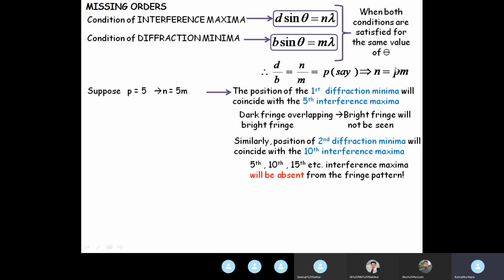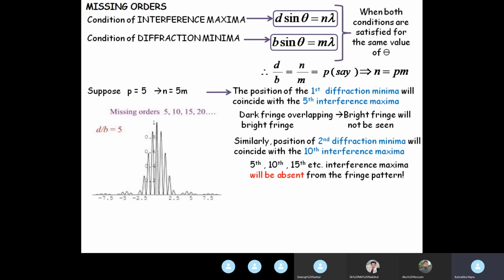So all the p times integral multiples of the interference bright fringes are absent. And you will realize this from this pattern that, see, missing orders are 5, 10, 15, etc. because d by b equal to 5. So you see the 5th fringe. So this is the central fringe.